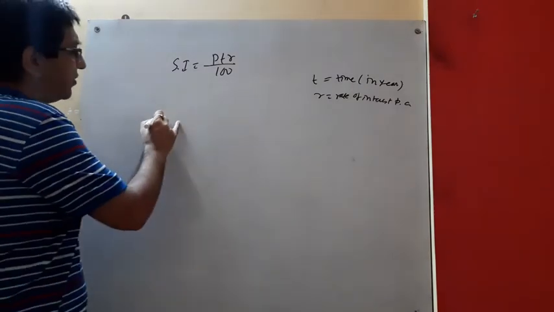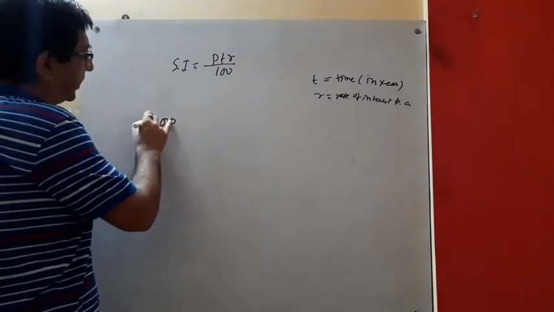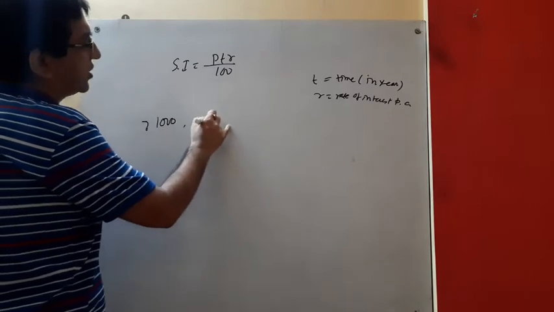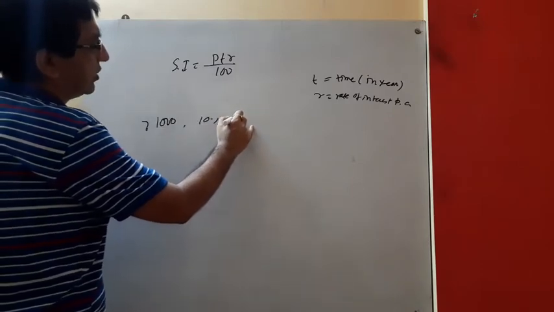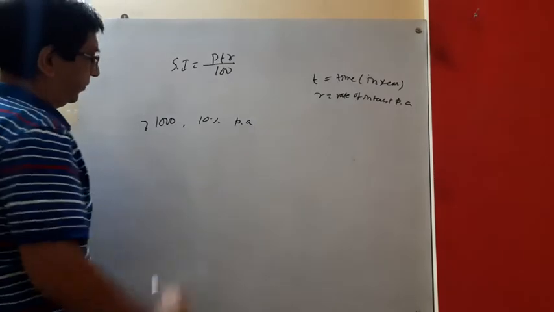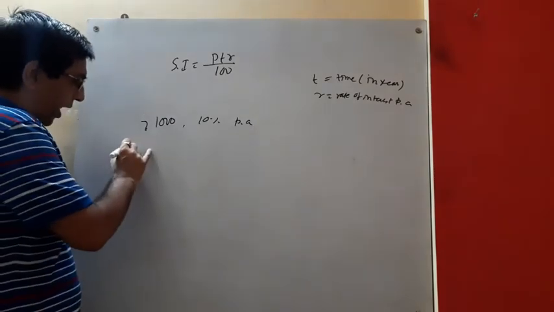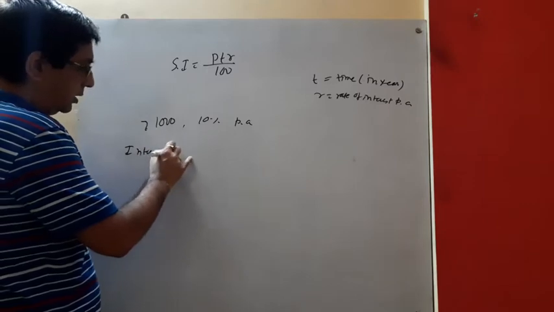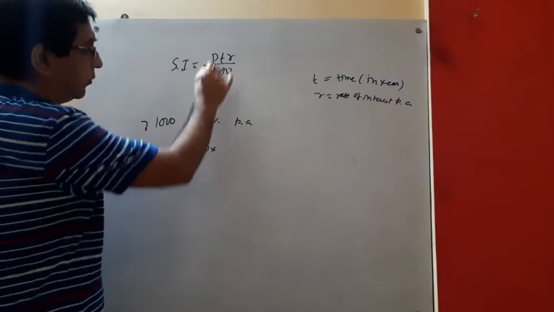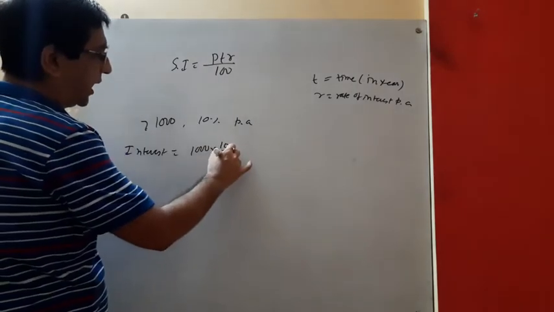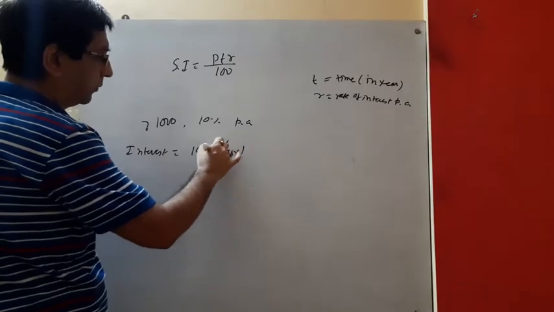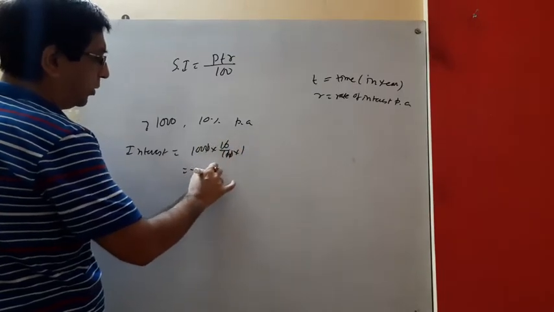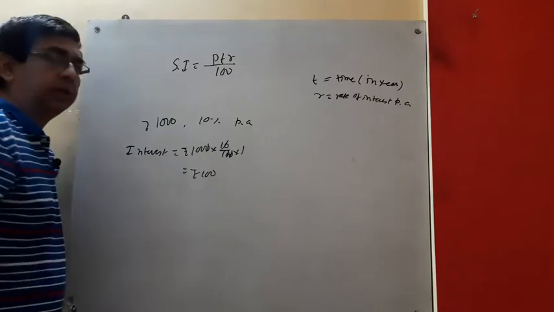Suppose I have deposited ₹1000 in a bank and it is 10% interest per annum. Applying this formula, 1000 into 10 by 100 into 1, I am getting the interest ₹100.